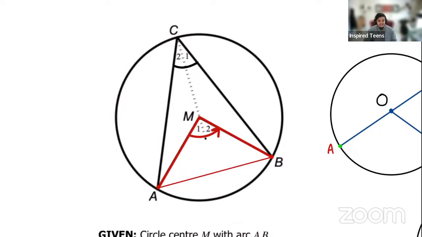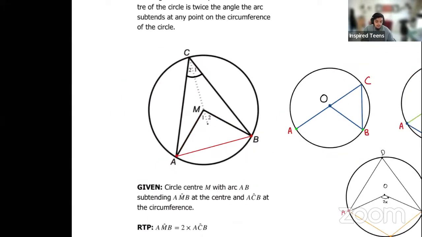This is a center angle because it's at the center. M is the center. They'll tell you explicitly with no ambiguity that M is the center. So chord AB is subtending 2 angles now, one at the circumference and one at the center. These are the angles that we are talking about.